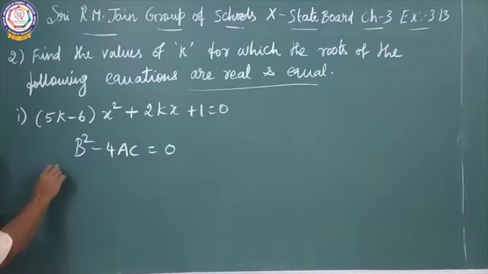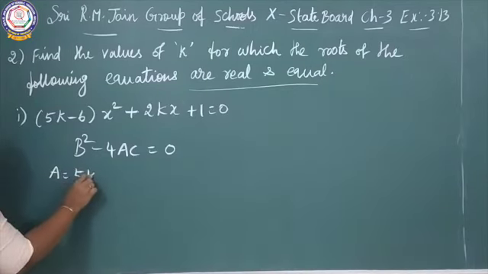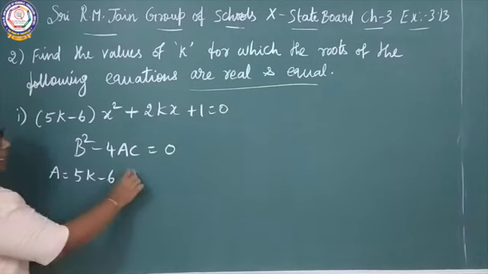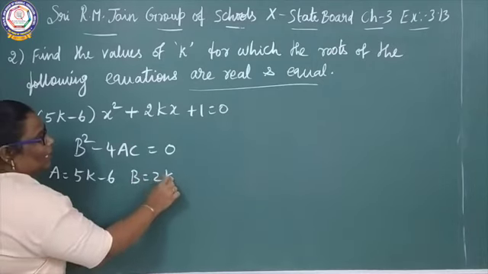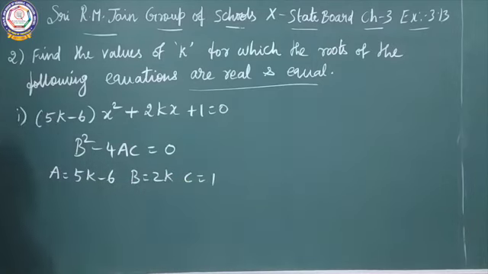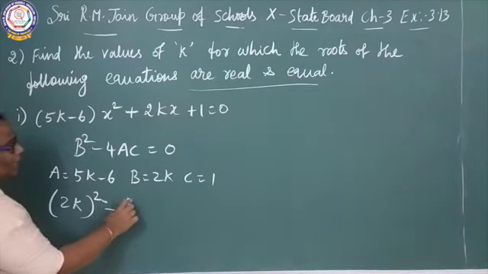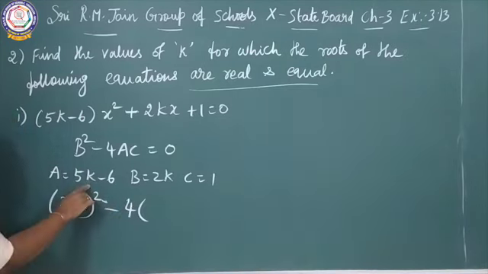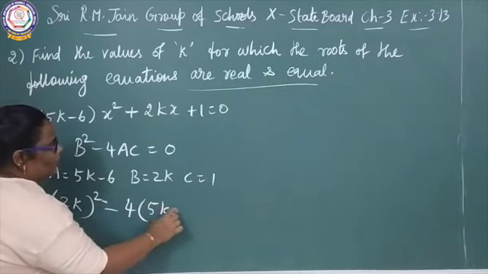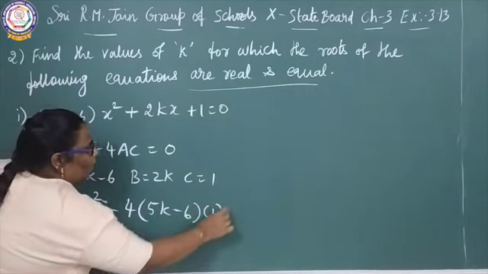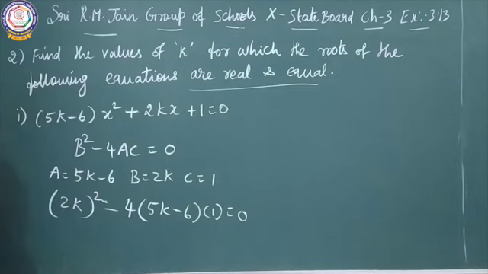What is the value of a? a equal to 5k minus 6, b equal to 2k, c equal to 1. So 2k the whole square minus 4 into 5k minus 6 into 1 equal to 0.